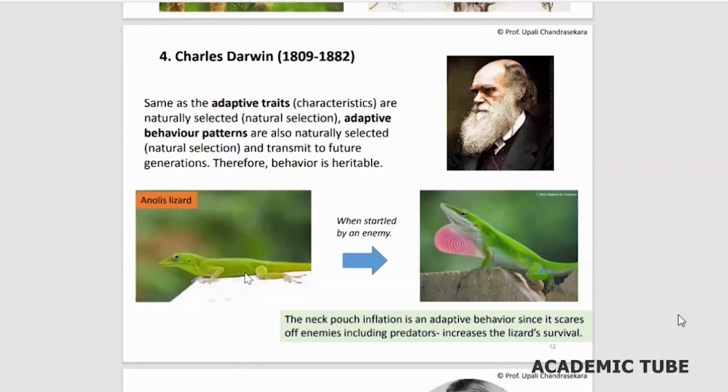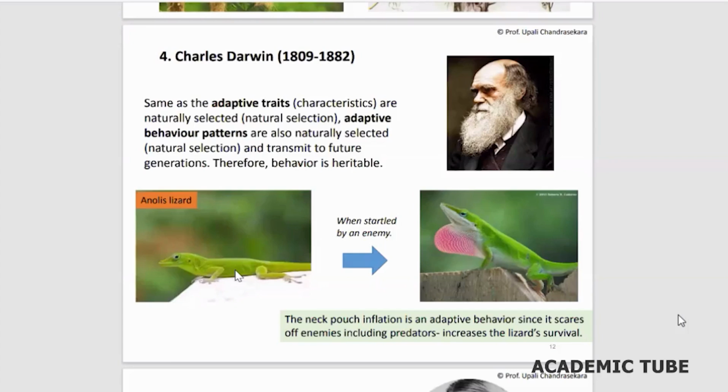Now, for example, there is a particular lizard in the Caribbean islands, right? This lizard is known as Anolis. It's also known as the green lizard because normally it is green in color, but it has a color changing ability.